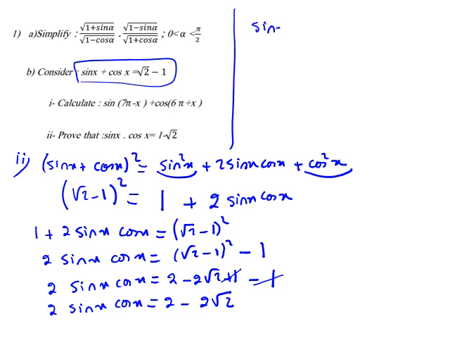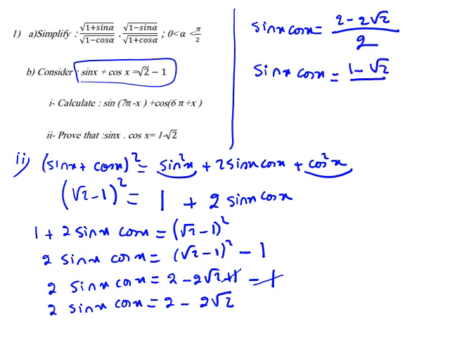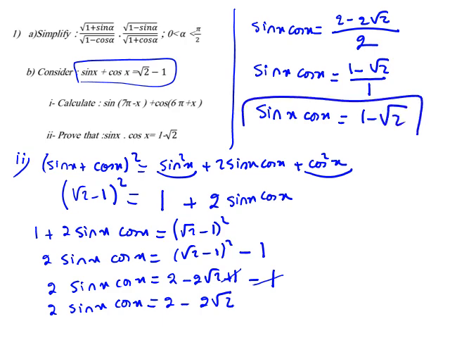Sine x cosine x equals 2 minus 2 radical 2 over 2. Then sine x cosine x equals 1 minus radical 2.